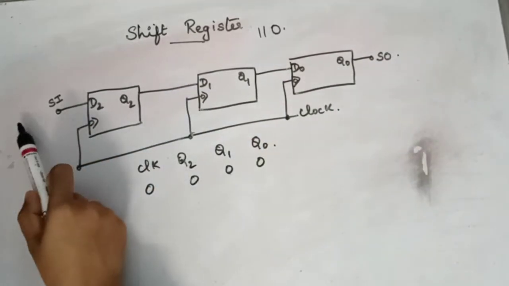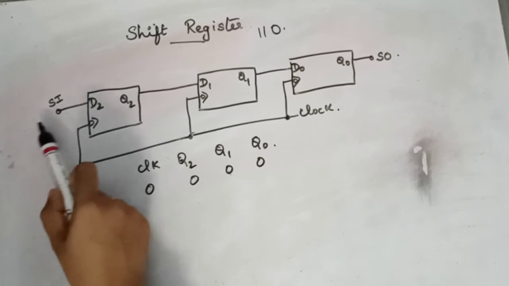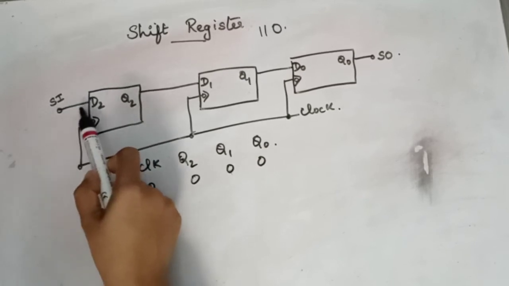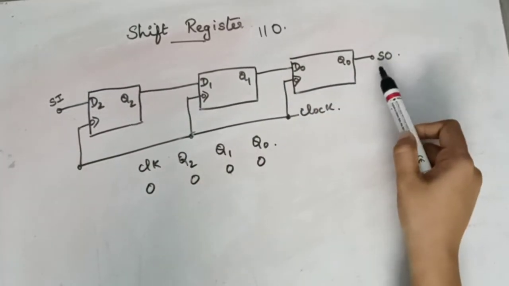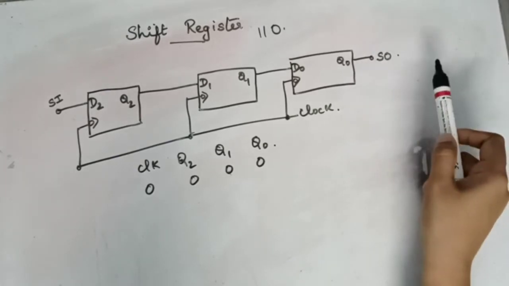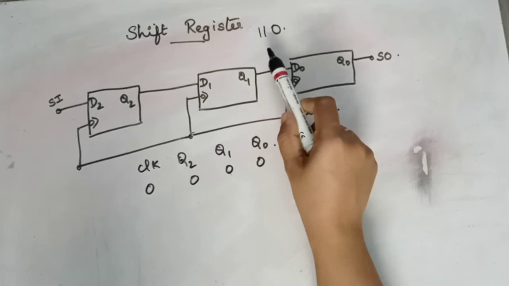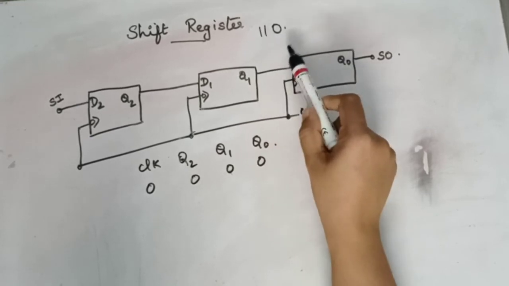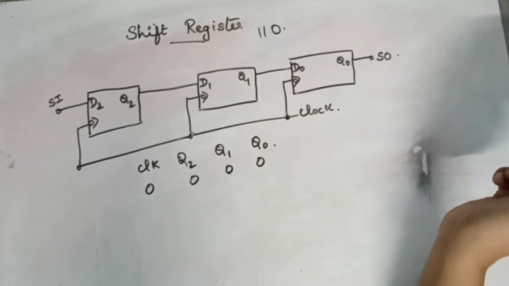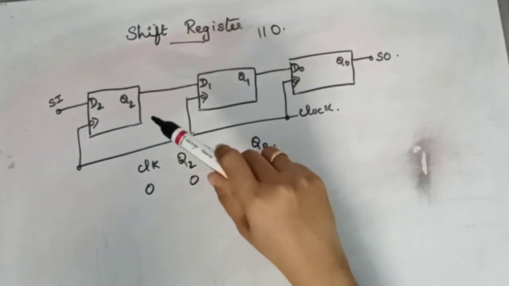I am pushing the data from here serially and taking the output from here. Ultimately I should have Q2 equal to 1, Q1 equal to 1 and Q0 equal to 0. That is my register content.